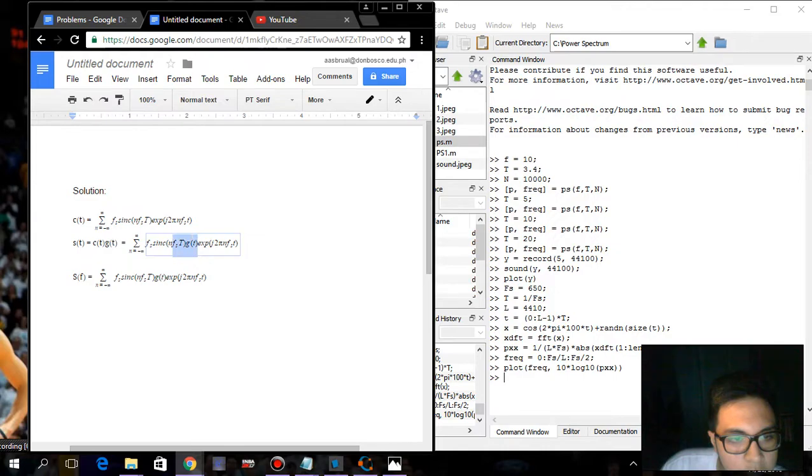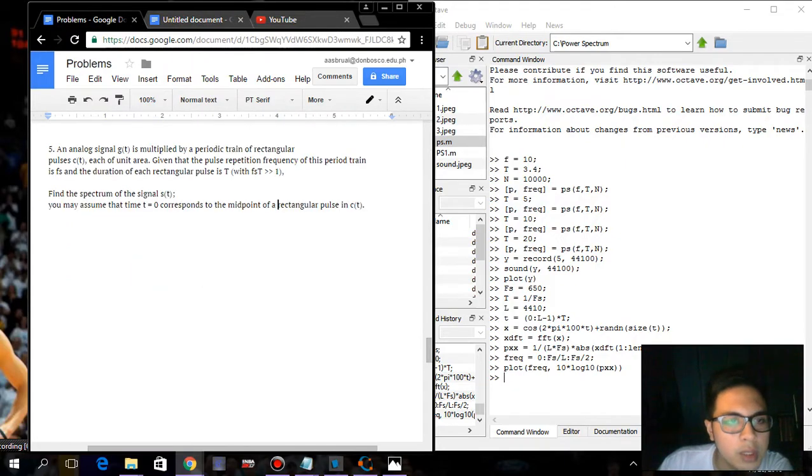We'll just add G of t, and by getting the Fourier transform of both sides, we will get this equation. And we notice that this will just be the replica of the original signal. So that's it.